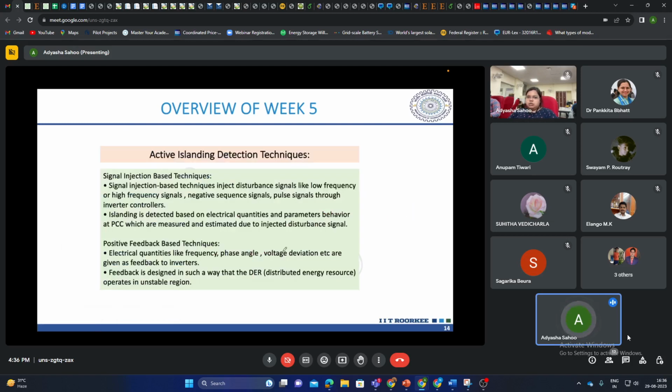Then coming to the active islanding detection techniques, we had basically two methods. Firstly was the signal injection based method, and second was the positive feedback based method.